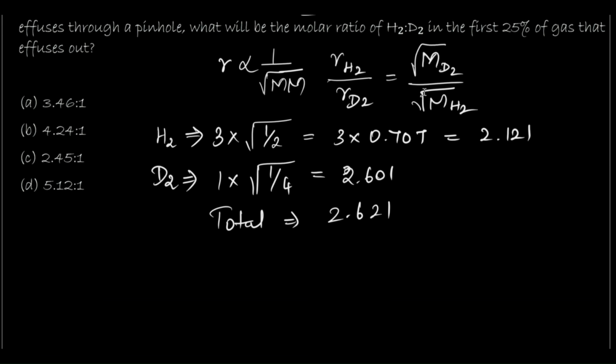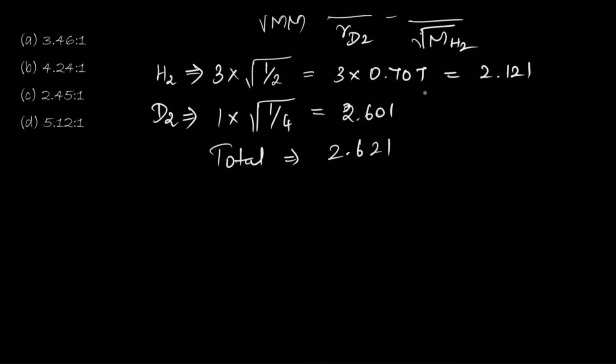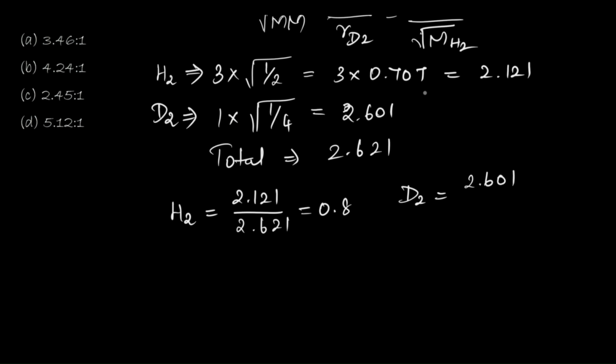Now they are asking for 25% only. In that case, H2 is 2.121 out of the total 2.621, which is 0.8. Similarly for D2, it is 0.5 divided by 2.621, which would be 0.191.